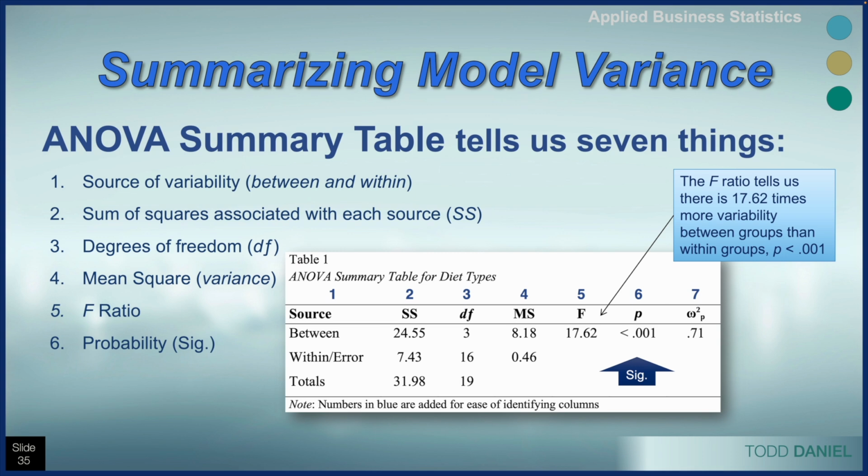That is definitely statistically significant, and we can tell that as well by looking at our p-value, which is less than 0.001. But we know that probability doesn't tell us the full story. We also want a measure of effect size, and for that we're going to use something called omega squared. I'm going to go into a little more detail about measures of effect size here coming up. I just want you to see where that would be placed within our ANOVA summary table.